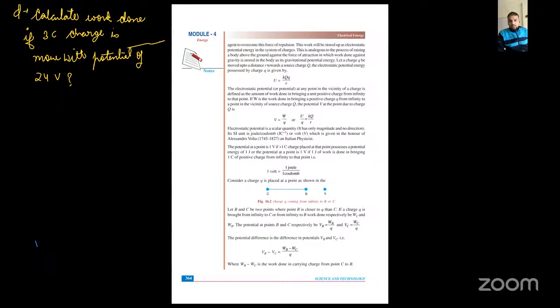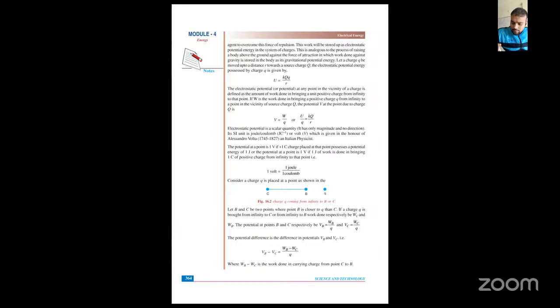Okay, so we'll take a small revision. Basically, what is a charge? Like how a body develops a charge. So when you rub it, it gets the charge. But how? In the first class, I told you there are protons and there are electrons. Electrons are always revolving around the protons.